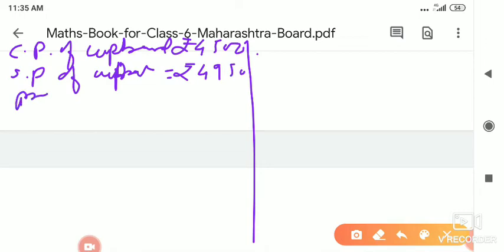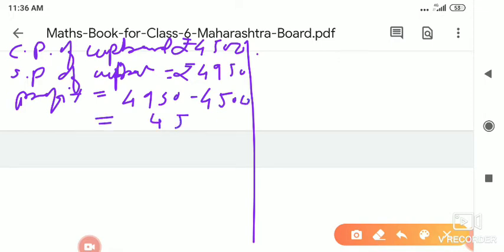Profit in the cupboard's transaction is equal to 4,950 minus 4,500. So if you subtract this, you will get that 450 rupees is the profit he got.